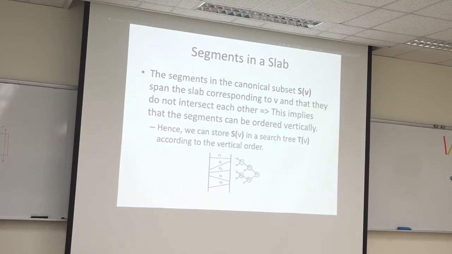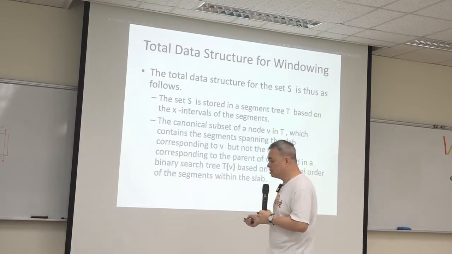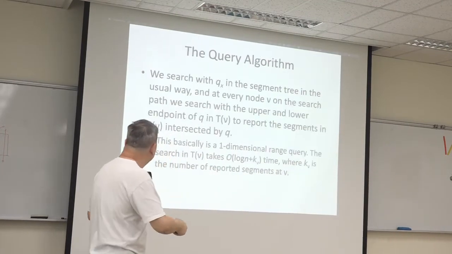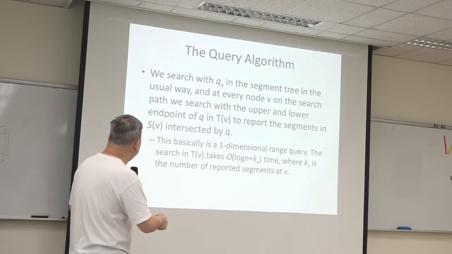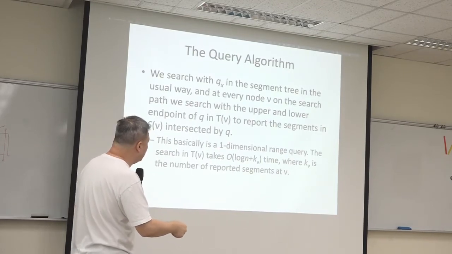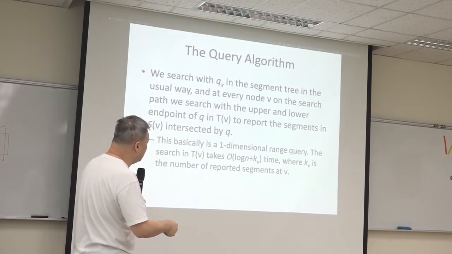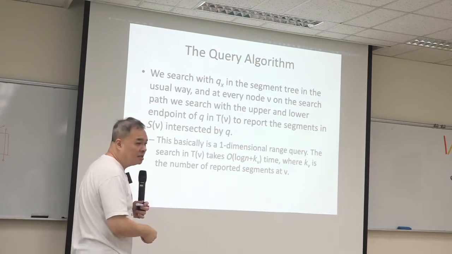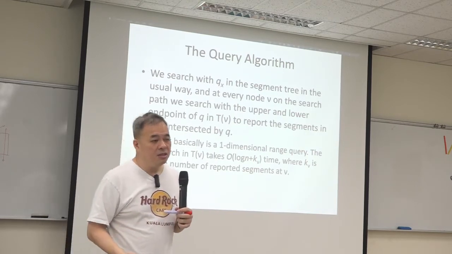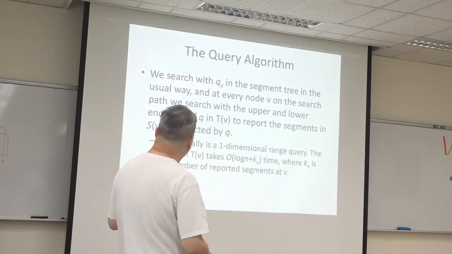This is basically a one-dimensional range query. The search in the TV takes log n plus kv time, where kv is the number of reported segments at V. So this is very easy.